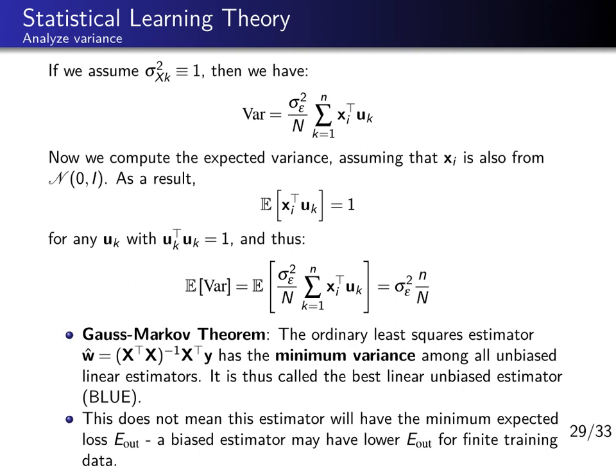And this expected prediction error has a bias and a variance component that play against each other for a fixed amount of data n. And the bias component typically decreases with increased model complexity, whereas the variance component increases with increased model complexity. And our aim is to balance them to make their sum small.